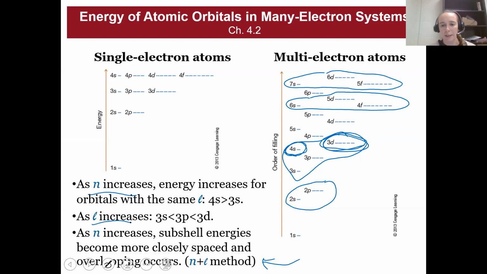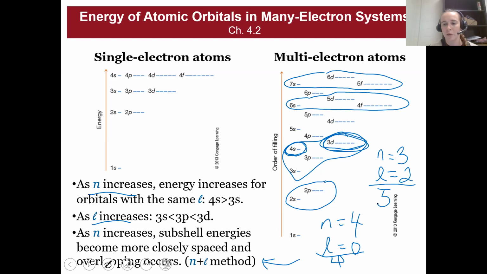So 4s, n equals 4. The s orbital means L equals 0. So our sum is 4. For 3d, n equals 3. The d orbital means L equals 2. So our sum is 5.